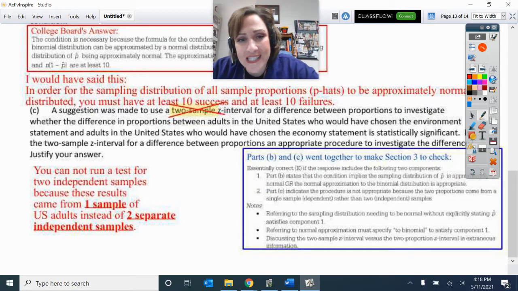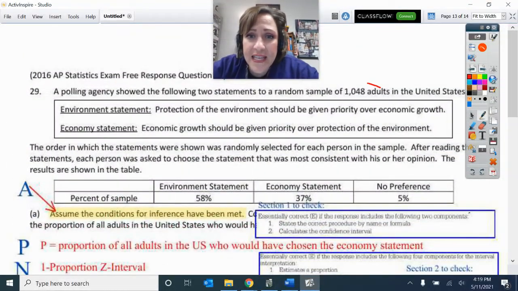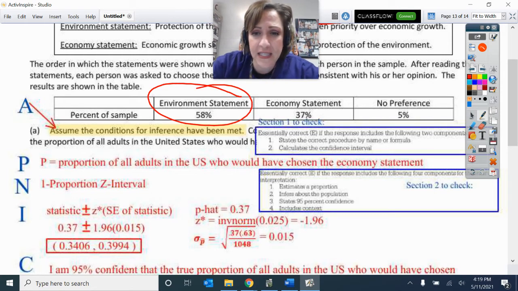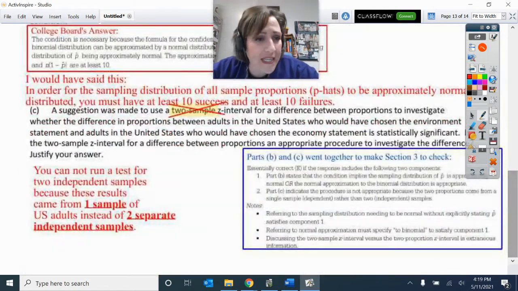All right, and then part C is saying, why is this a 1 proportion z-test, not a 2 proportion z-test? Well, that is because this was made from 1 sample of adults. So you cannot run a 2 proportion test, a proportion about this and a proportion about this, because those are from the same 1 sample, not 2 independent samples. So that's what you had to say here.